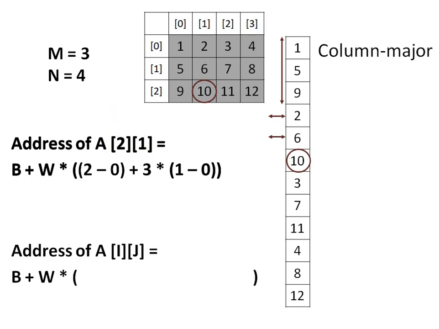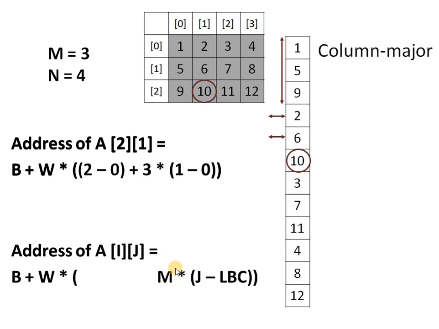So to get the address of the element at index position I, j in column major order, we have to first skip j columns. So j minus the lower bound for columns, multiplied with the number of elements in each column, that is the number of rows. So this term has to be multiplied with m as it represents the number of rows.